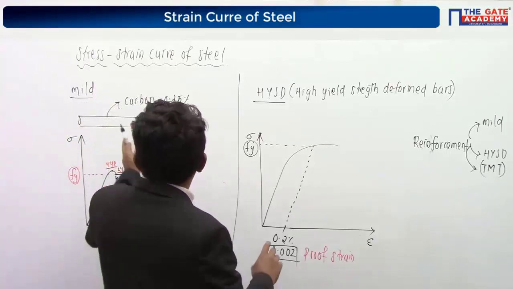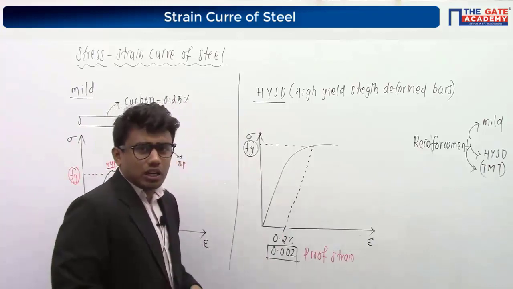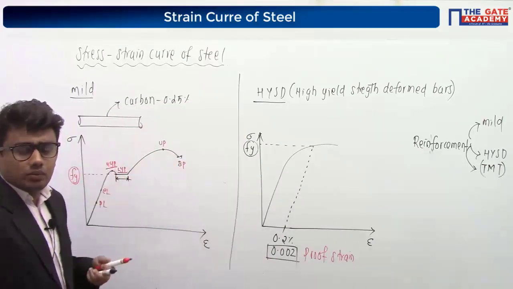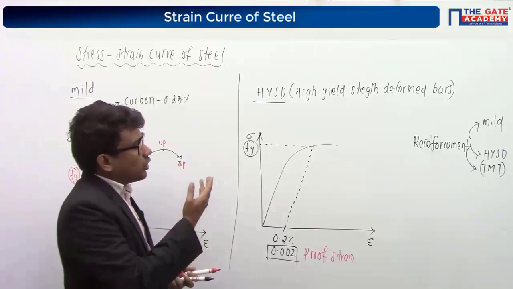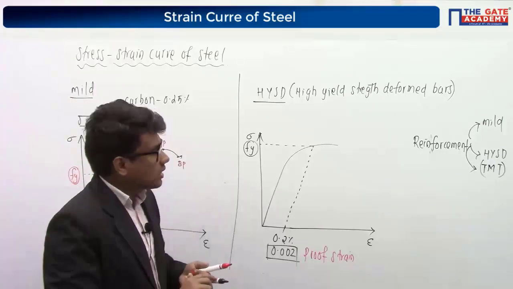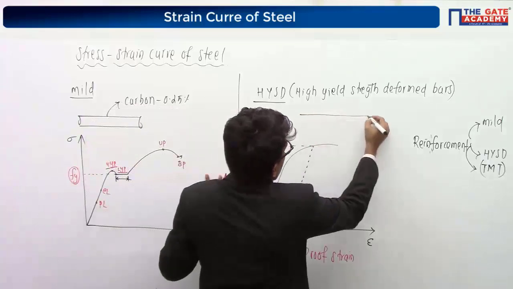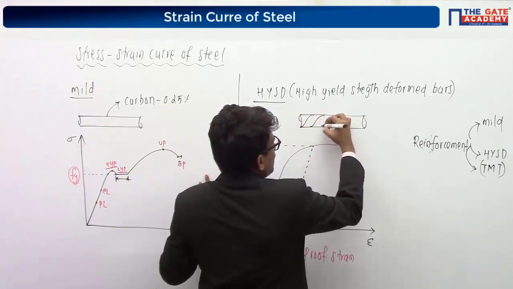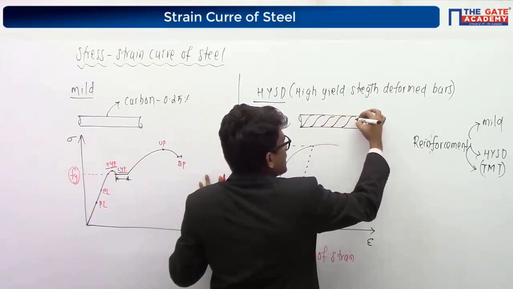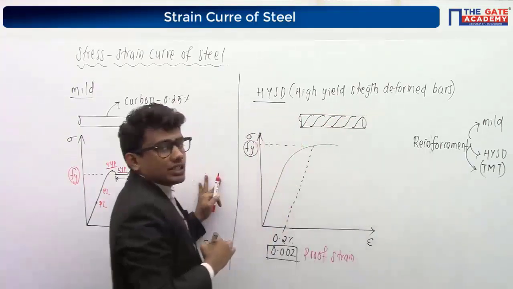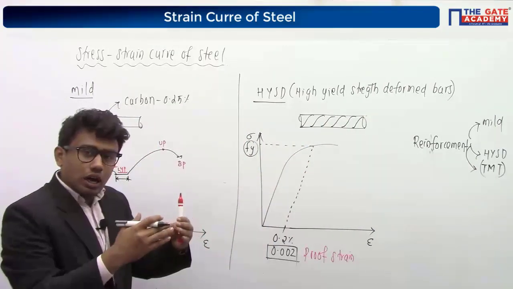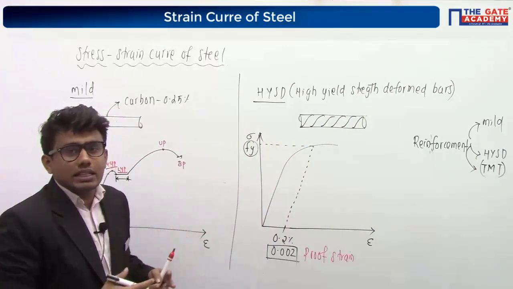What is the difference between mild steel bar and HYSD steel bar? In mild steel, the carbon content is less, strength will be less, ductility will be more. Coming to our HYSD steel bars, we will be having the bar like this, but corrugations or deformations are present in our HYSD bar, which will improve the bond between the concrete and the steel bars.